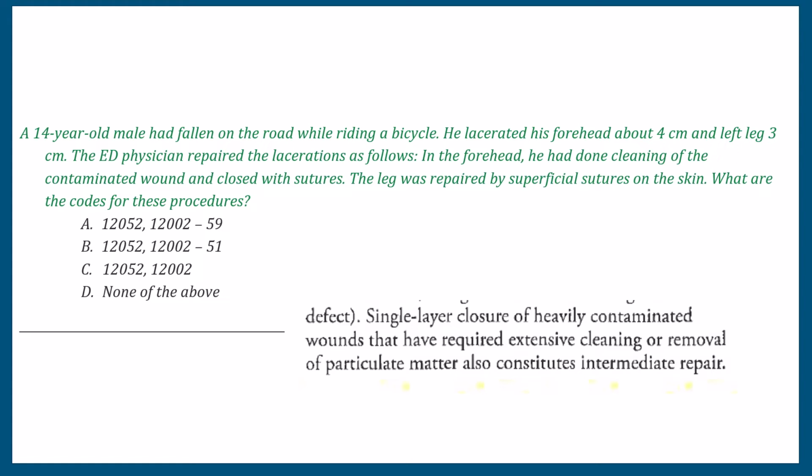So what we need to do is code the wound on the forehead as an intermediate, while the wound of the leg was a superficial suture, so that will be a simple repair. So you have these two important clues with you. Now tell me the answer.